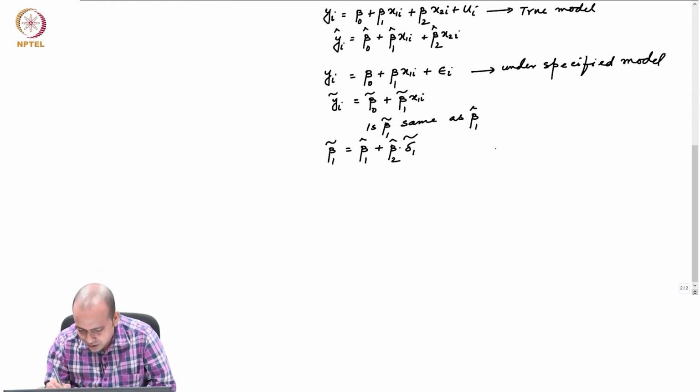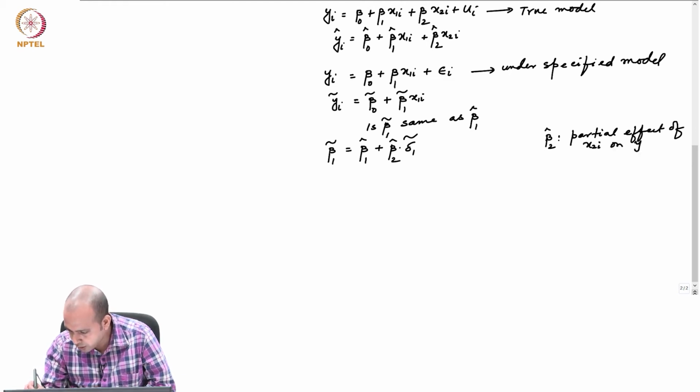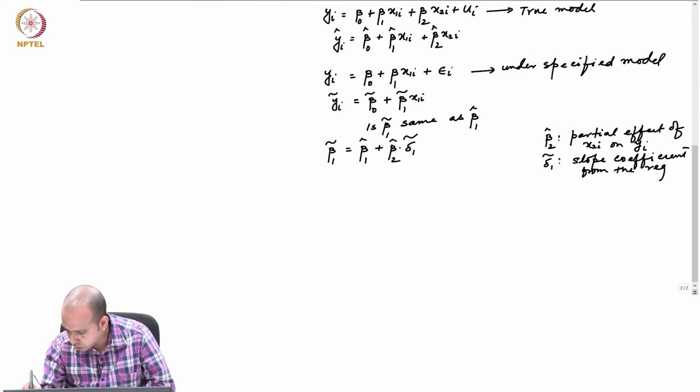And what is beta 2 hat? Beta 2 hat is the partial effect of x2i on y_i, and delta 1 tilde is the slope coefficient from the regression of x2i on x1i.